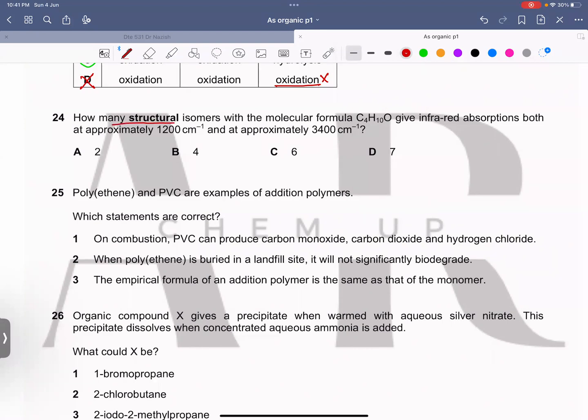How many structural isomers with the molecular formula C4H10O give infrared absorptions both at approximately 1200 cm⁻¹ and at approximately 3400 cm⁻¹? Okay. So first we have to look into it.